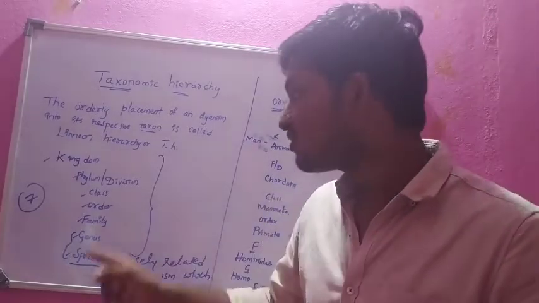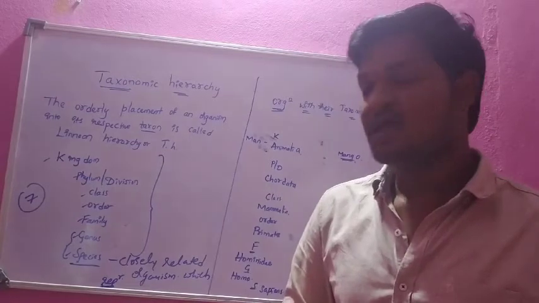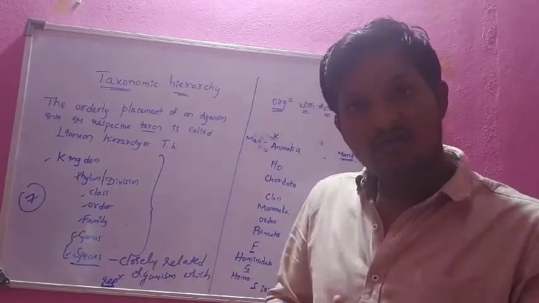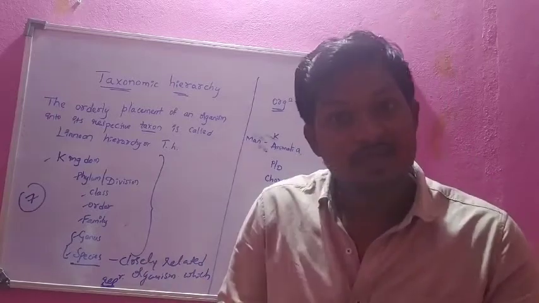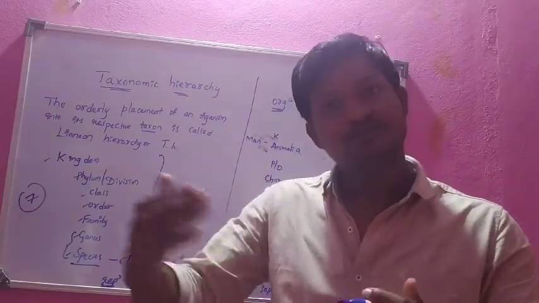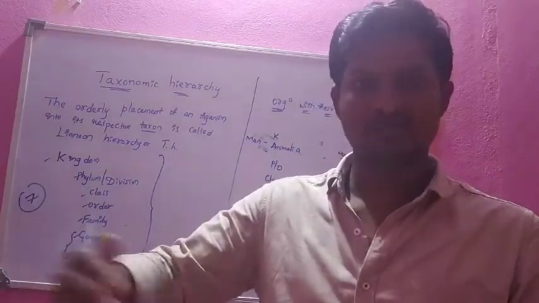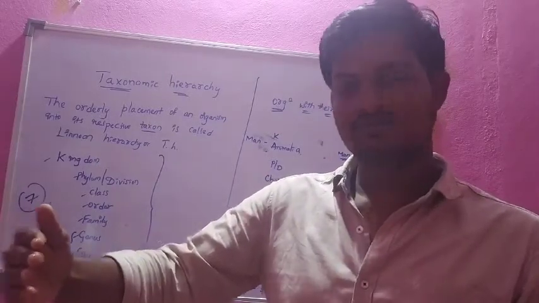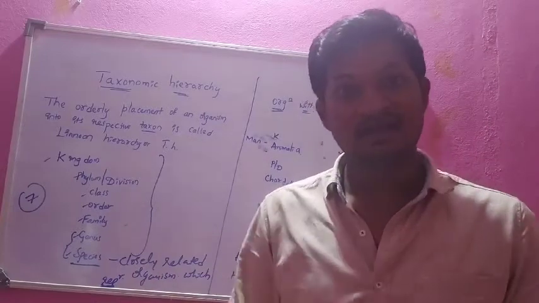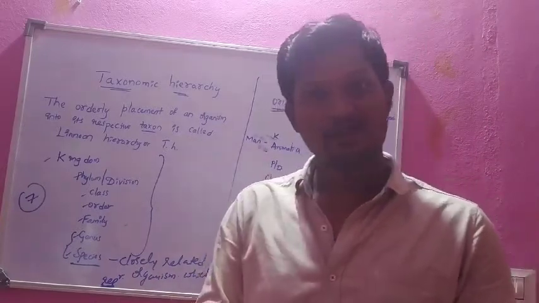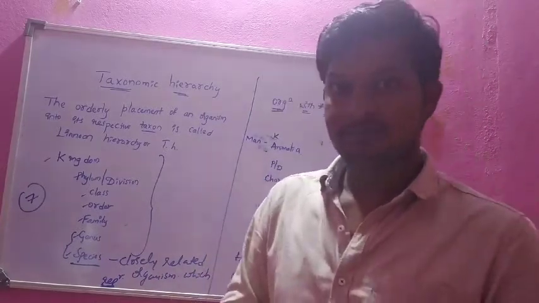That is called a species. Another thing to remember is that human beings give birth to their offspring, their children, which means reproduction occurs only between closely related organisms.